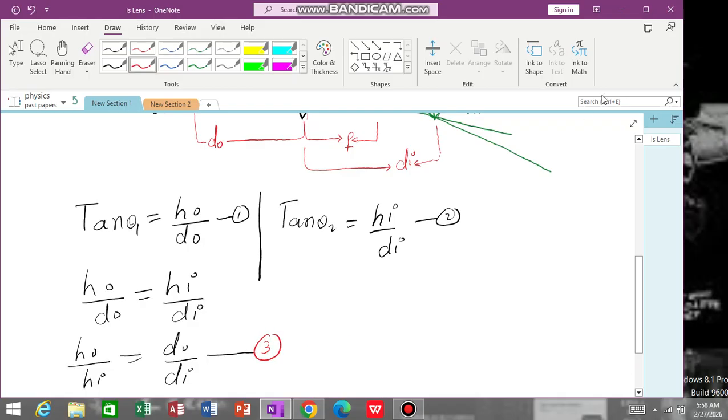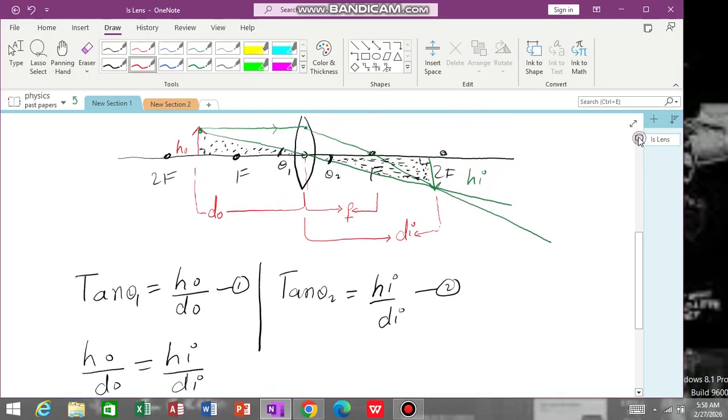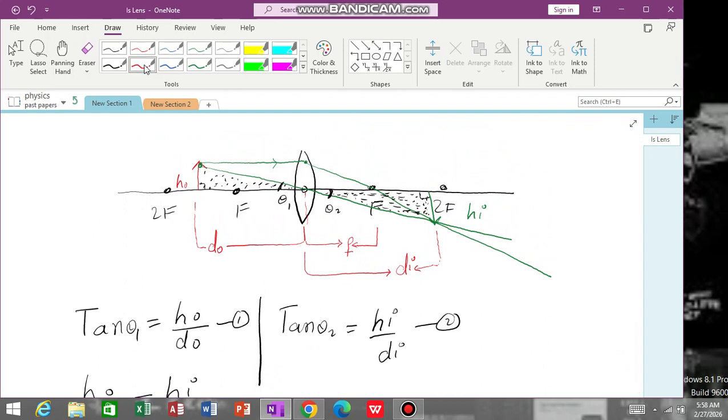Now in the same diagram we have two other similar triangles: let's say this one, marked by the red dotted circle, and similarly this other one. These two triangles are also similar because there is an alternate angle between them.